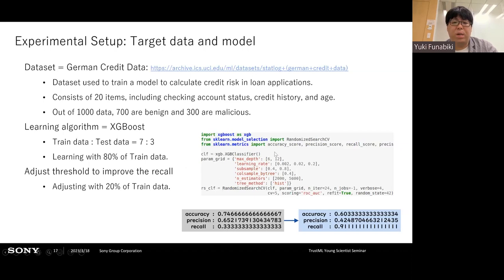For example, this is a quick sample of the model building, where we use XGBoost and scikit-learn, and apply grid search hyperparameter tuning to the model.